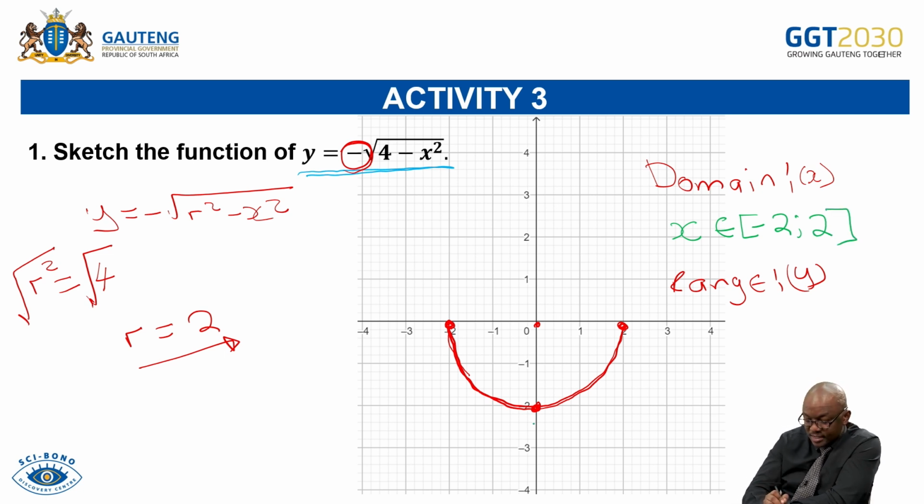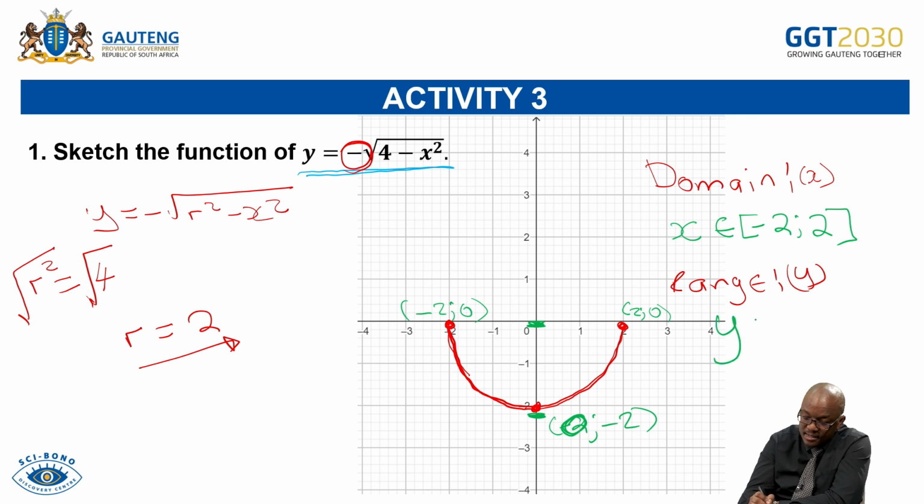But with y, you can see that now we're having it at -2 to 0, because the points there are (2, 0), (-2, 0), and (0, -2).